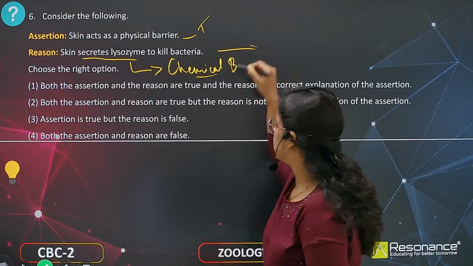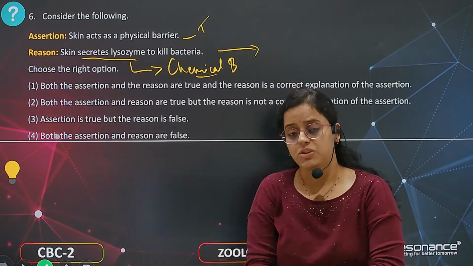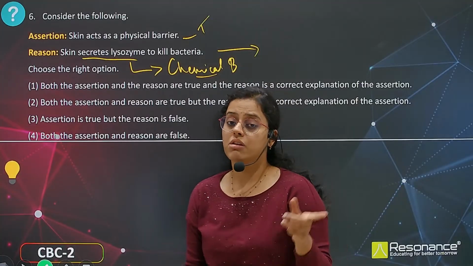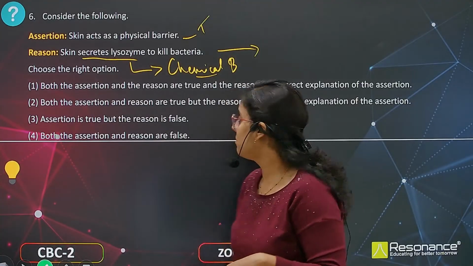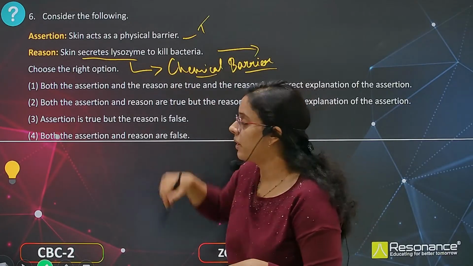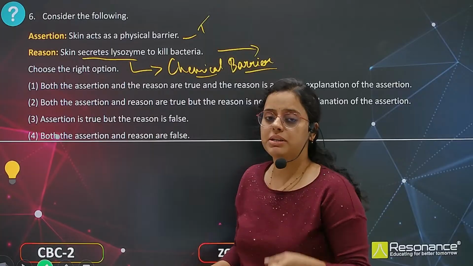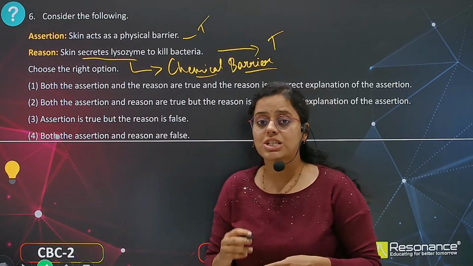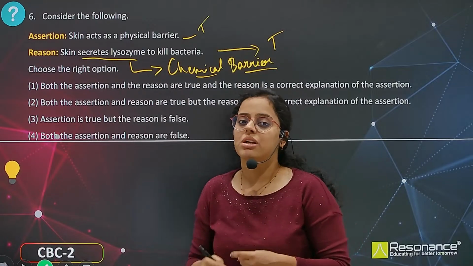Yes, skin secretes sweat. Sweat consists of lysozymes which kill the bacteria, which comes under the physiological or chemical barrier, not the physical barrier. So this statement is also true. Both assertion and reason are true, but it is not a correct explanation.